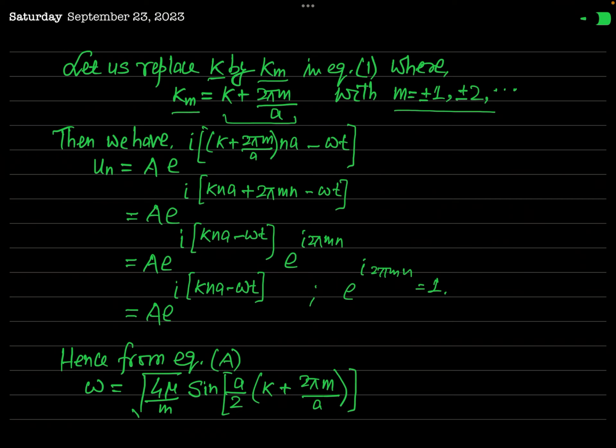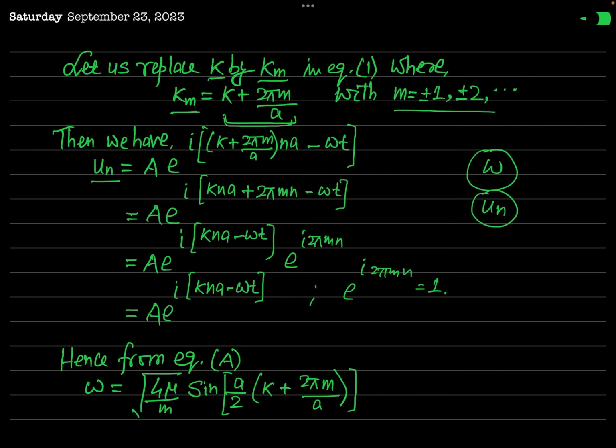Okay. Now we will see what will happen to the displacement u_n and the frequency omega when we replace k by this k_m. It means if you now consider k equal to k plus 2 pi m over a, then what will happen to the value of u_n and the value of omega?